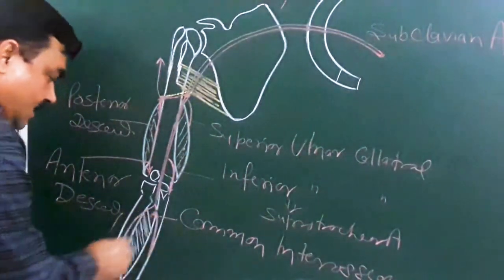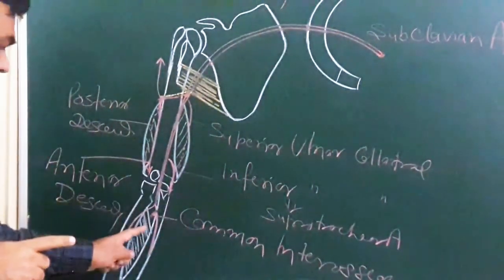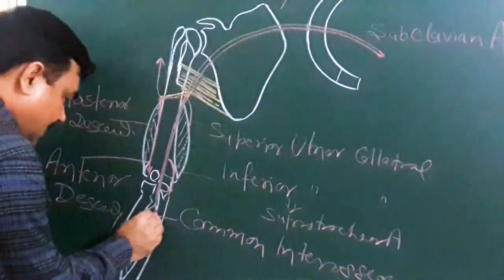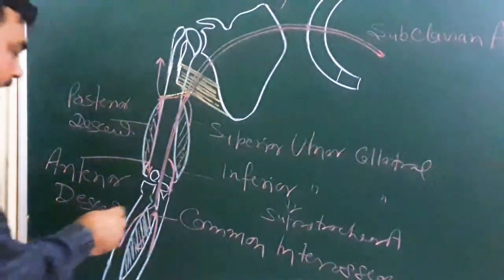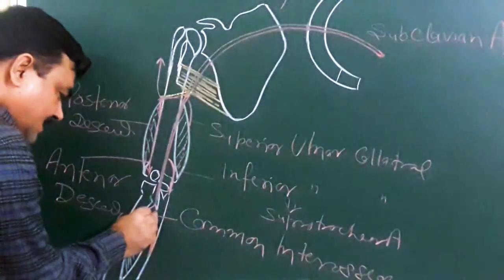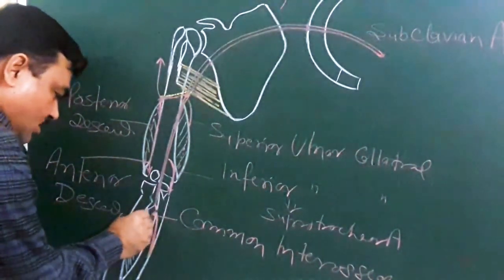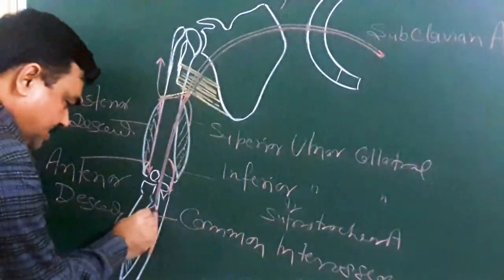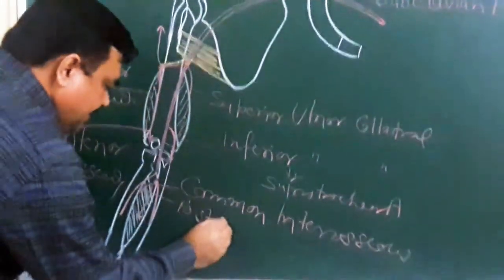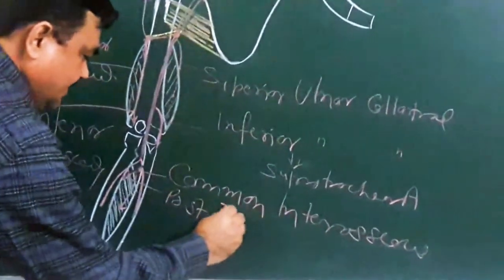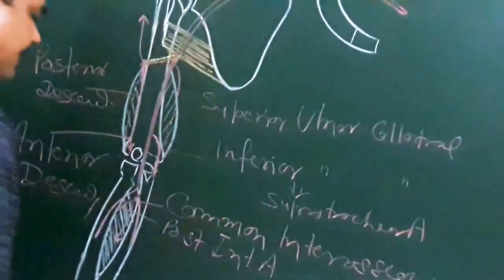and gives two branches. One branch lies anterior to the interosseous membrane. This is the anterior interosseous artery, and one lies behind this, that is the posterior interosseous artery.